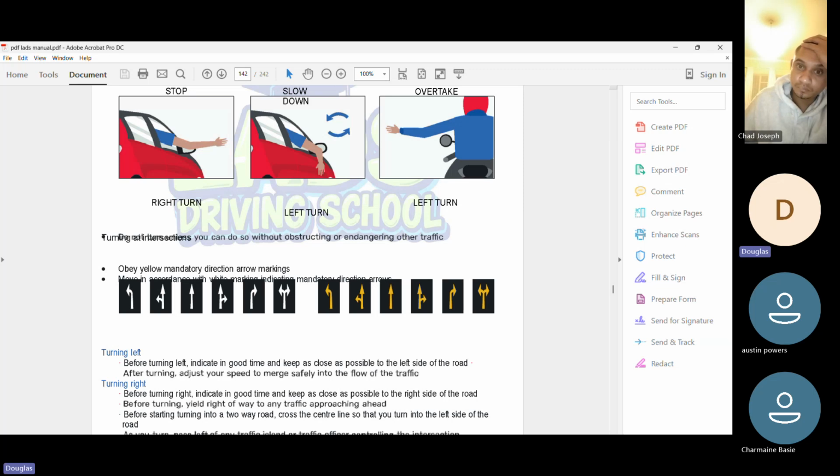But if you see that you're on the wrong side, you can still correct it by waiting for the traffic on the other side to pass, indicating your intention, and changing to the right lane. Because this is white, you're allowed to do that. But the moment the color changes and it becomes yellow, you are not allowed to do that. You guys agree with me?